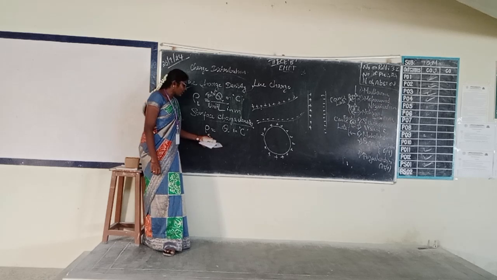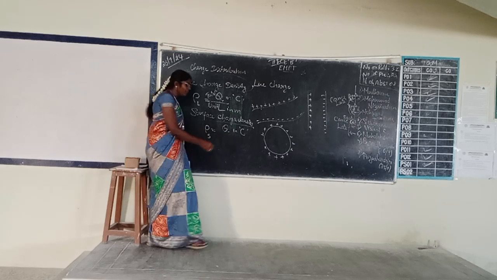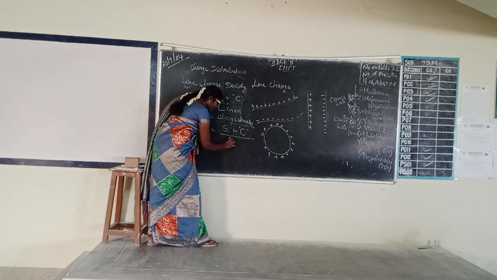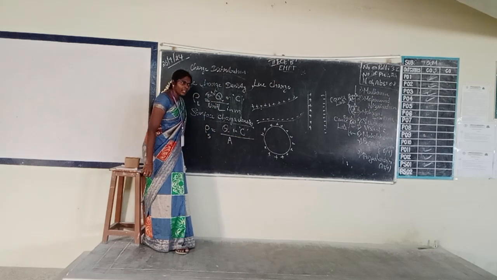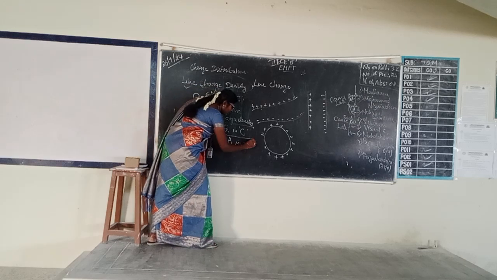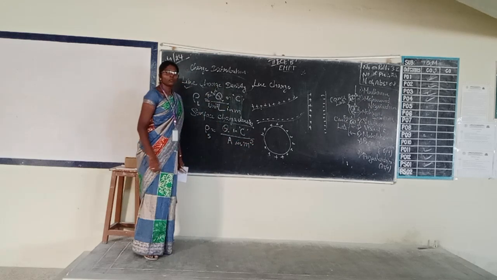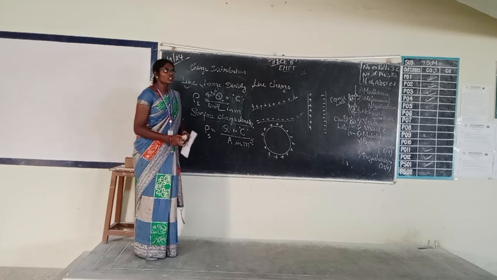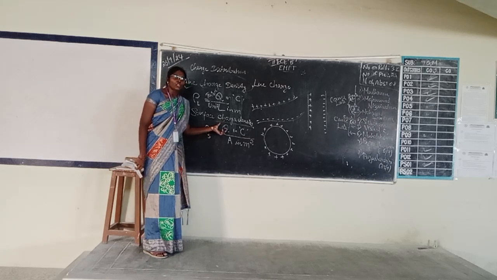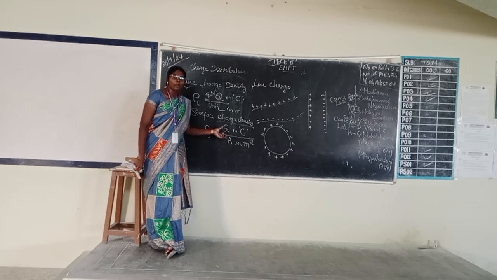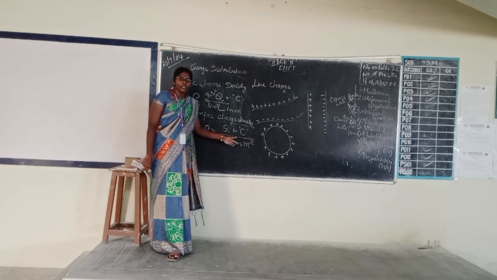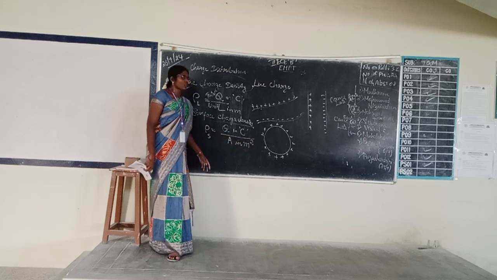Surface charge density is defined as a ratio of total charge in coulomb per unit area in meter square. You know that unit of area is meter square.